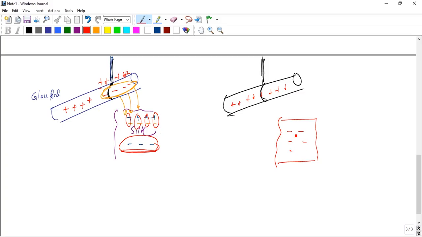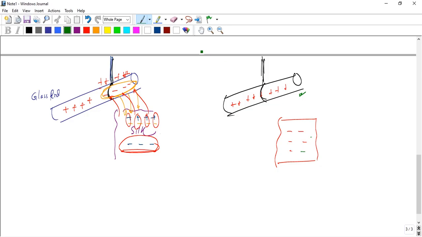So silk has all minus and the glass has all plus. So the glass rod has a positive charge.